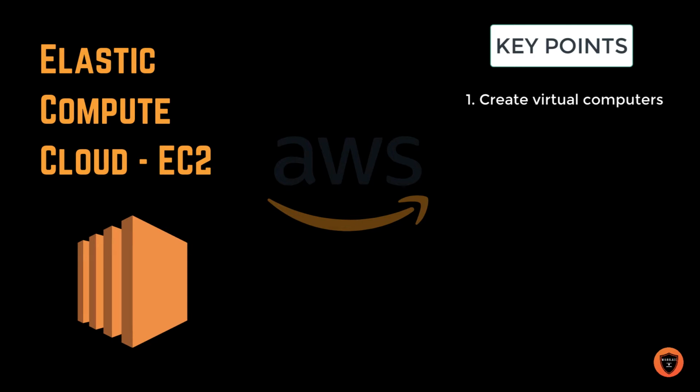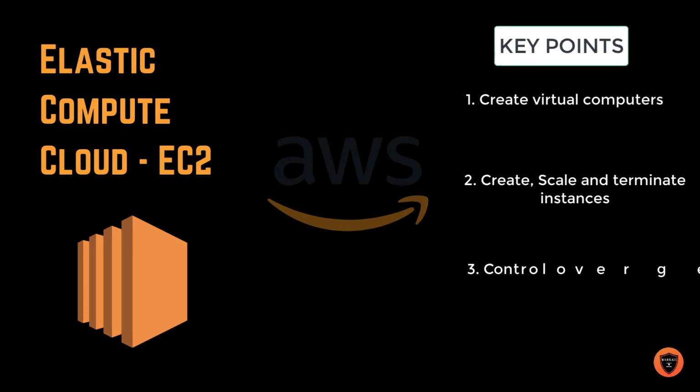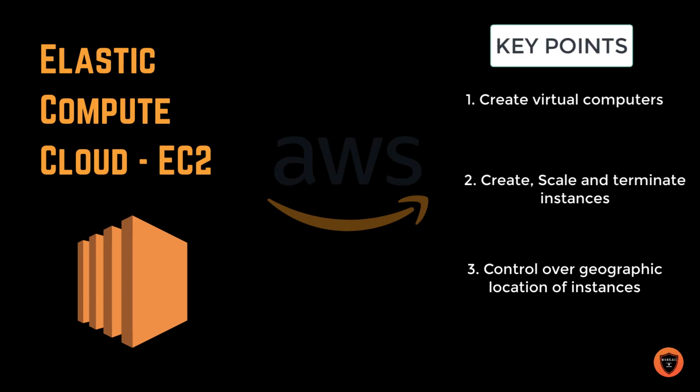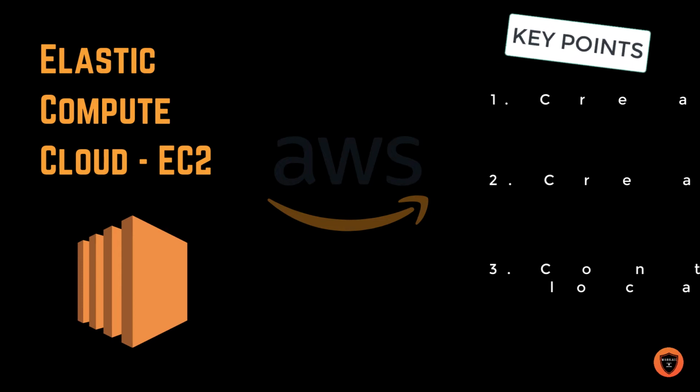You can create, launch, and terminate a server instance as needed, and you only pay for what you use. You have full control over the geographic location where the instances are provisioned, and you can take advantage of it by deploying into different availability zones within a given region.